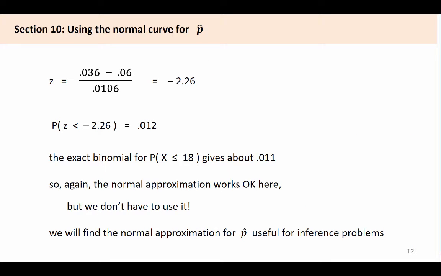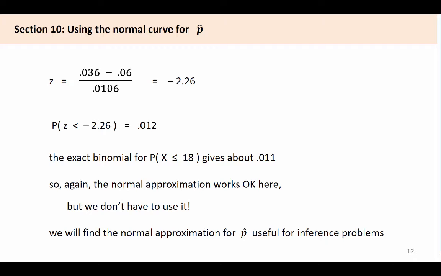So here's the z-score for our observed proportion, p hat of 0.036 minus 0.06 divided by that standard deviation. We have a pretty low z-score, about minus 2.26. The area under the normal curve is about 0.012.